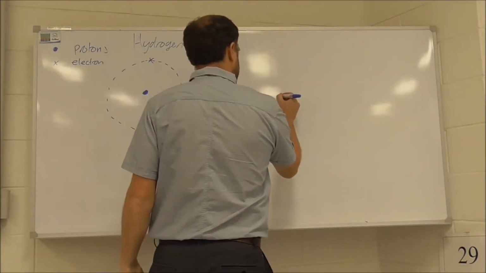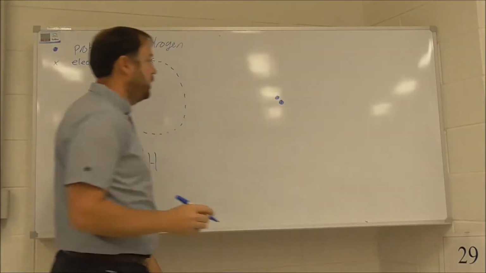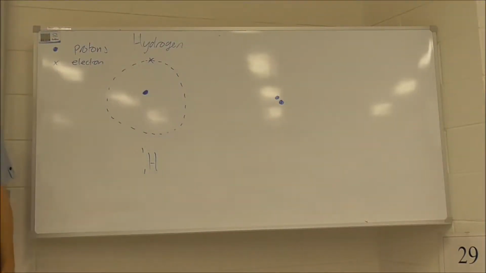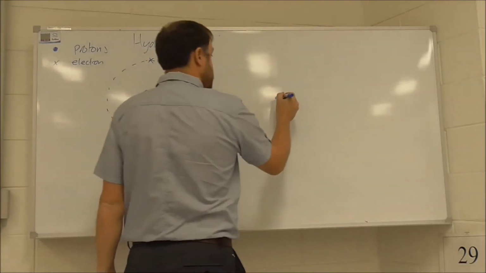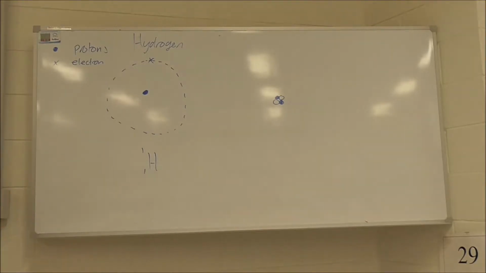So here's helium. Helium has 2 protons, and it also has 2 other particles in its nucleus. They're called neutrons.